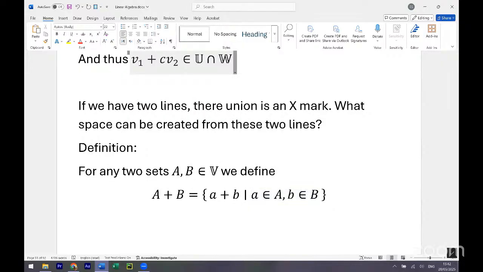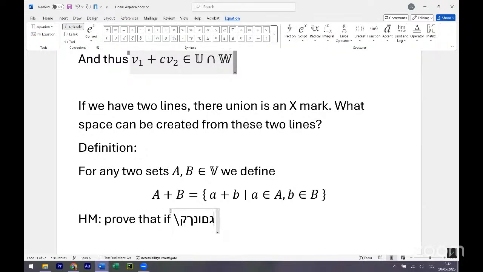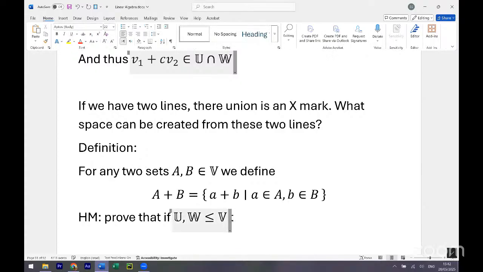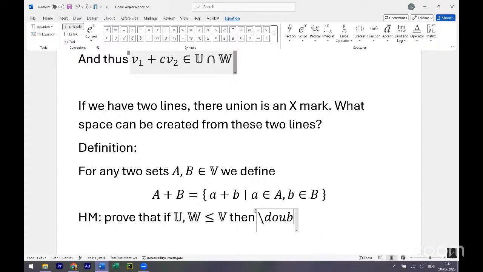And homework: prove that if U and W are subspaces of V, then their sum, the addition of U and W, is also a subspace of V.